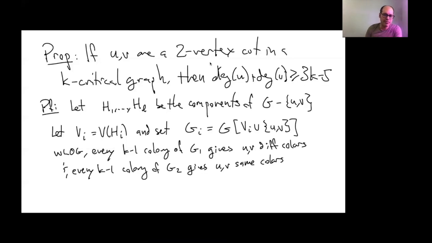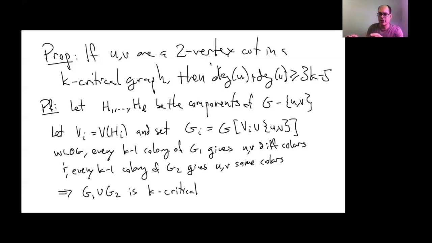Now, if you think about G1 union G2, well, it's k-colorable because it's a subgraph of a k-colorable graph. On the other hand, it's not k-1 colorable, because if you were able to k-1 color it, then you would be able to k-1 color both the G1 part and the G2 part with k-1 colors.